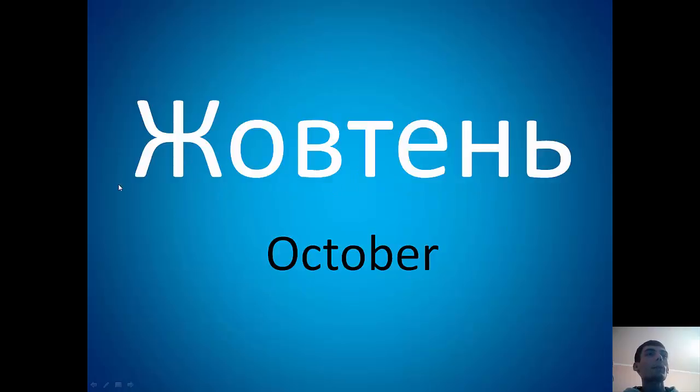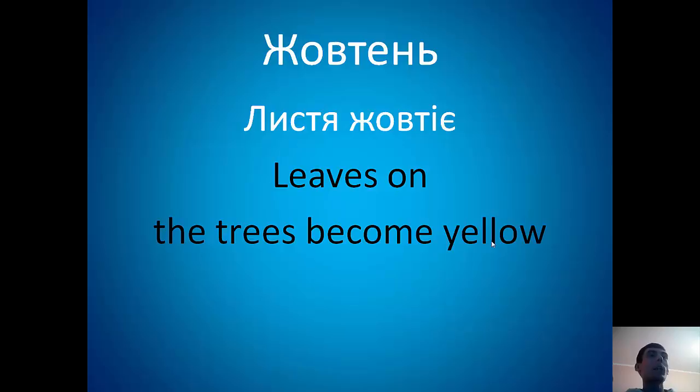Let's move on. The next month, October. October in Ukrainian sounds Жовтень. We call it Жовтень because leaves on the trees become yellow in this month, and people like to take photos.